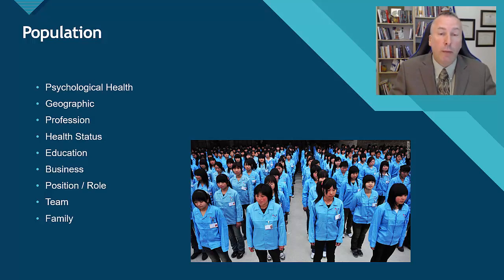Population can also be geographic. Maybe it's within one country or a different country or a region of that country or a certain city. Profession, I've previously described that. I will again. While I am currently looking at nurses, in the past I have looked at law enforcement.